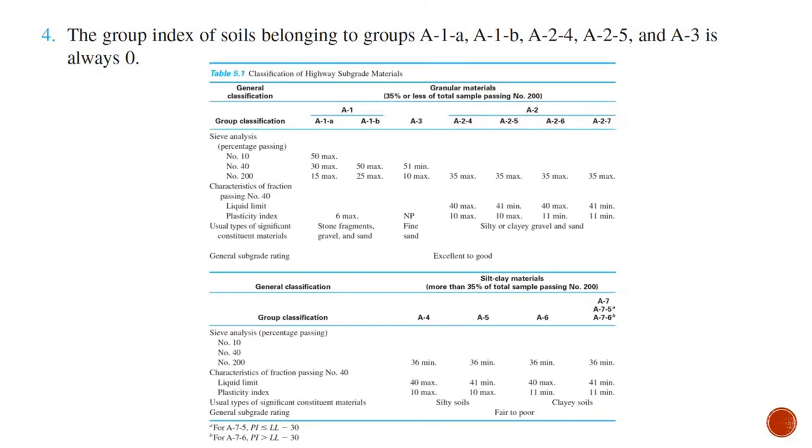So on the table, if this is the group classification, automatically the GI on these groups and subgroups is 0, always 0. So if the classification is A-3, there is no need to solve for the GI because automatically the group index in this group is 0.